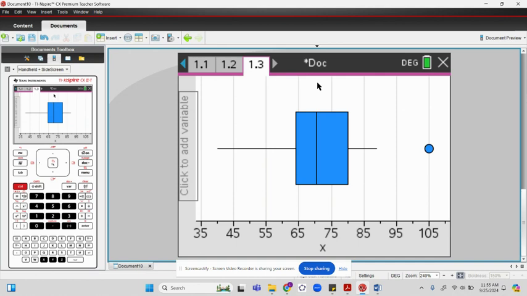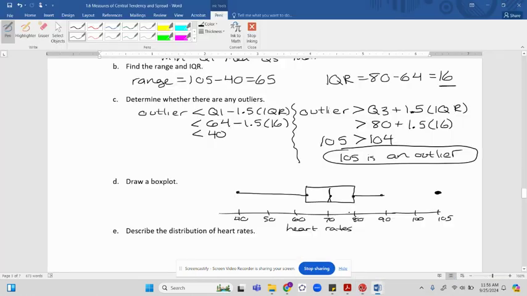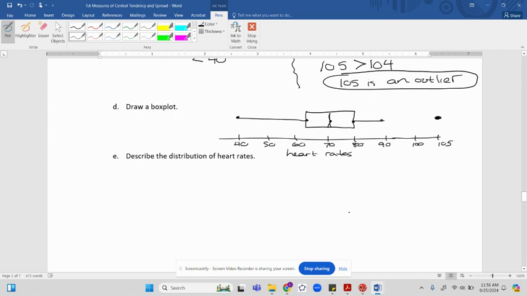So if you have trouble knowing how to make this box plot, use the calculator. And the calculator is even telling you that 105 is an outlier because it's a separate dot. The next highest was 89, which is what we found. Q3 was 80, median 70.5, Q1 64, and minimum 40, as we expected. Pretty cool. Thank you, calculator.